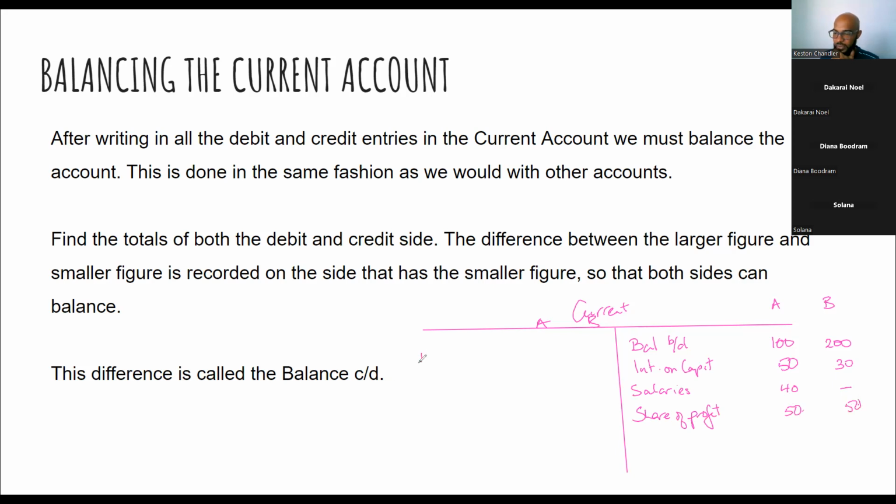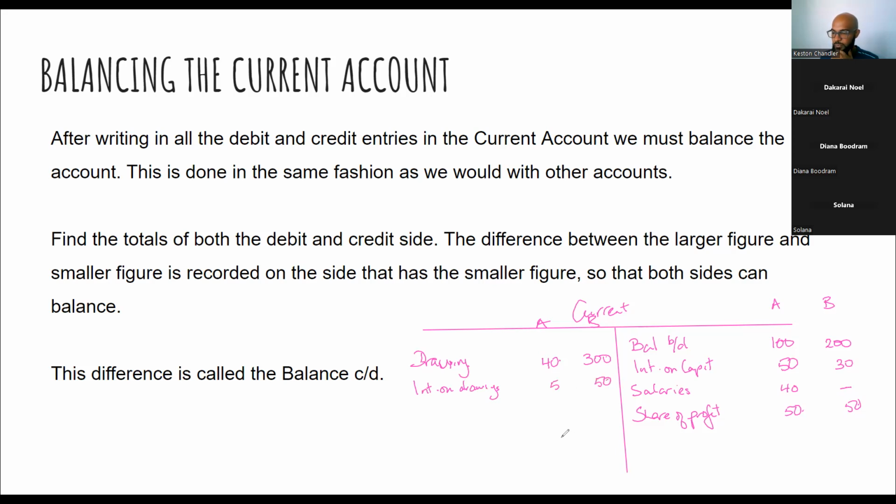But then on this side, we have drawings. Let's say his drawings here is 300, and his drawings here is 40. And interest on drawings. Let's say this is $5 and this is $50.